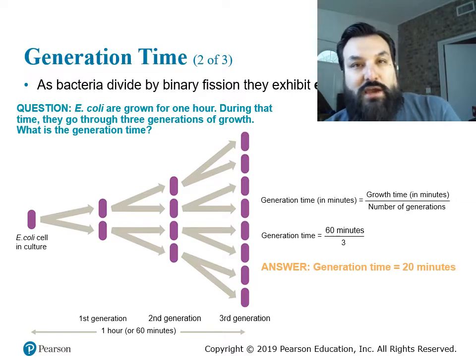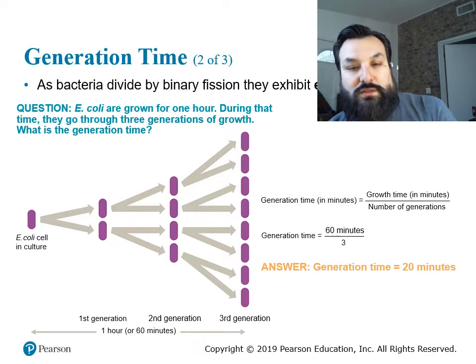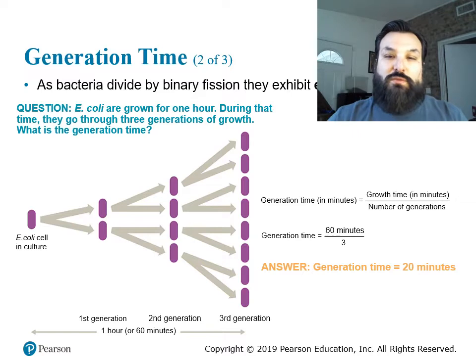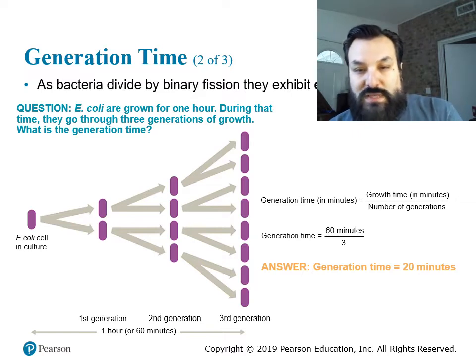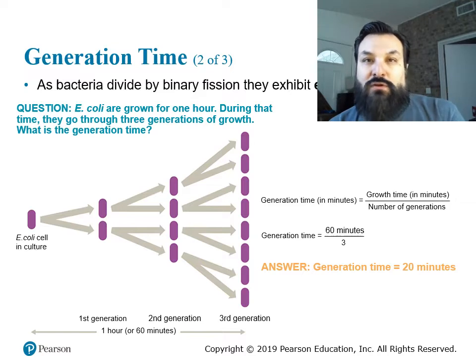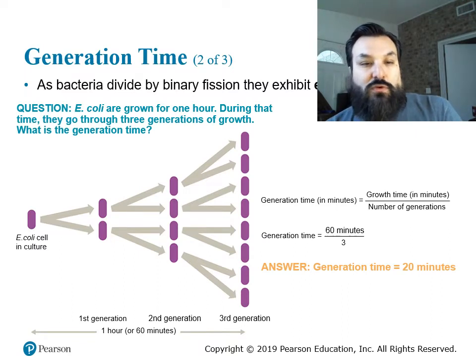You're not going to need to calculate generation time per se in the test, but you need to understand how this actually works, right? And so what we're looking at here in figure 7.4 is one E. coli bacteria at the beginning, and through 3 generations actually become 2, 4, 8 bacteria in the span of 1 hour, and you can see that 60 minutes, right? And so what they're asking you here is what is the generation time for E. coli?